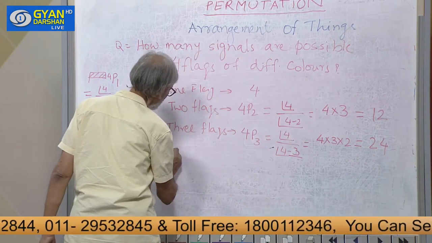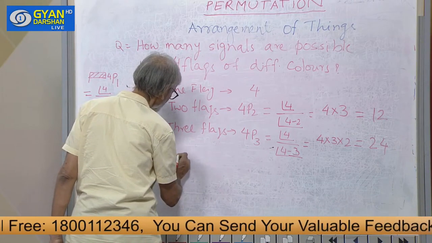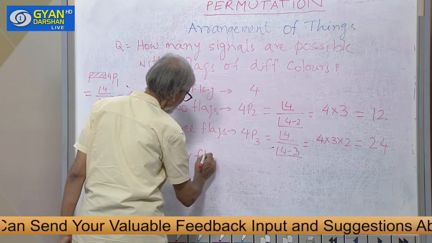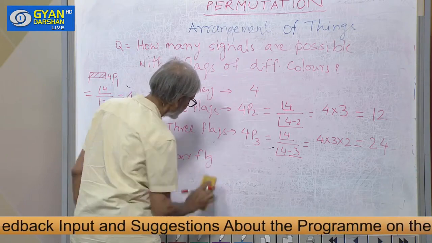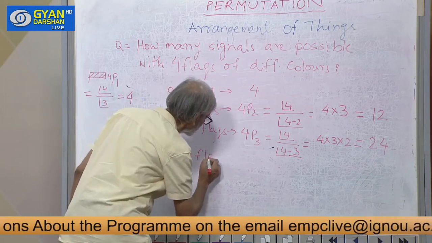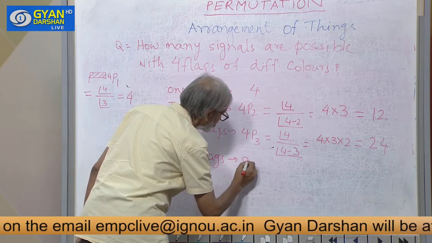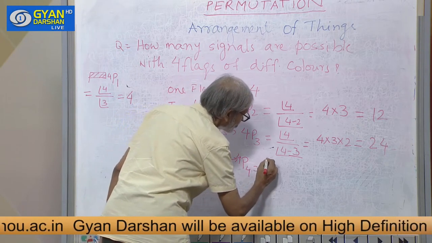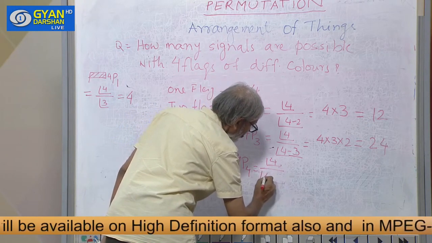Now, taking all the flags, 4 flags at a time, this will be equal to 4 P 4, which is equal to factorial 4 divided by factorial 4 minus 4.